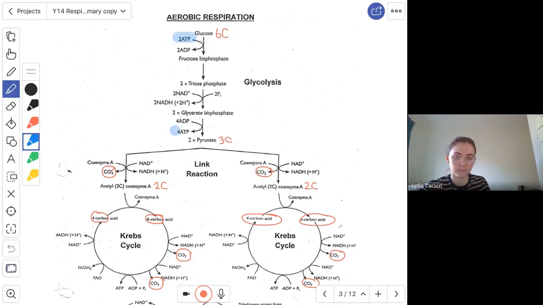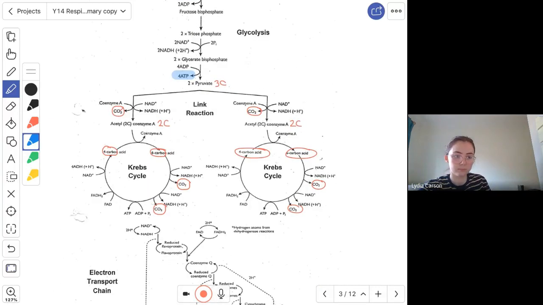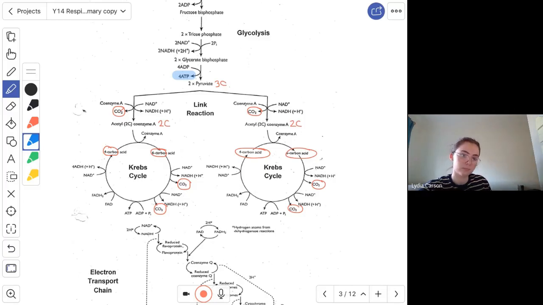What I'm doing now is just highlighting any ATP. Now, the first one at the top is actually being used, so you need to be wary of that. And we've got 1 molecule in each of the Krebs cycles. NADH.